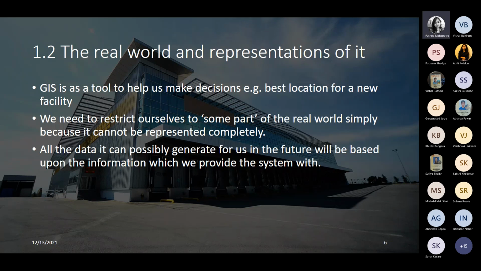Two topics that I have discussed. Can anyone tell me which two topics I have discussed? Yes, one simple question for online students. Can you tell me which two topics we have covered till now?